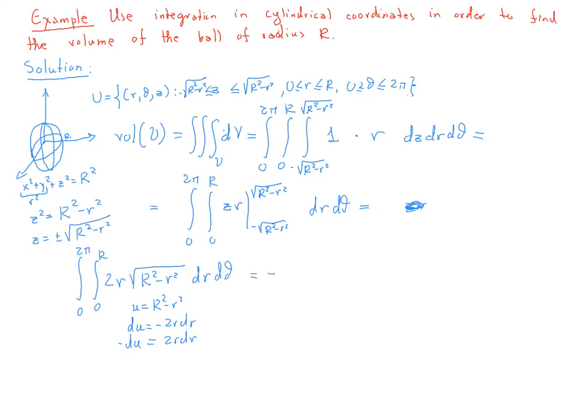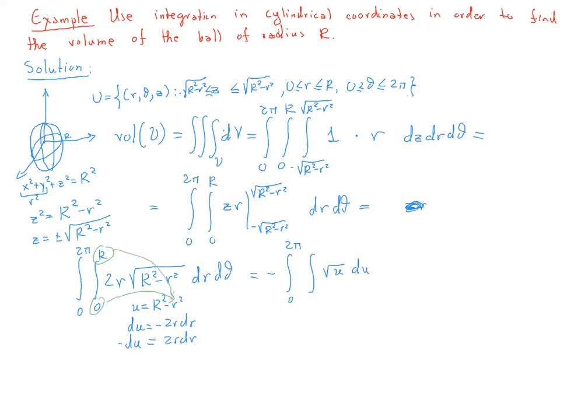Let's take that minus sign outside, 0 to 2 pi, and we're going to have square root of u du. And now the interesting part is, what are the endpoints? To find the endpoints, we're supposed to take the old endpoints and plug them into the substitution, right?